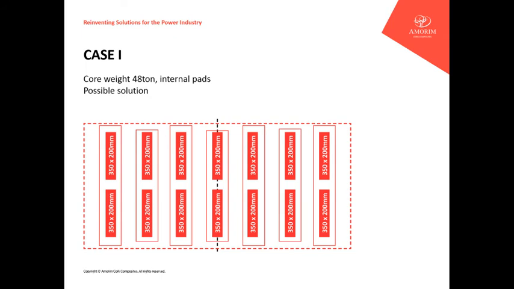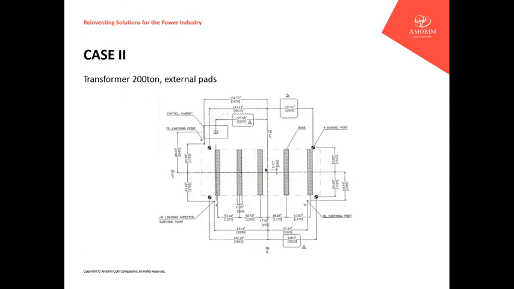So going further and looking at a different example, this one is a transformer of 200 ton, and we are going to simulate external pads. Is there a seating area in this transformer, Rui, or is this flat? There is a seating area which is marked here.